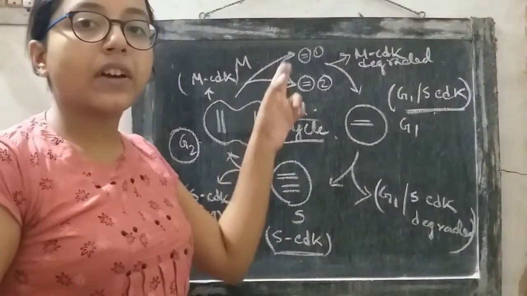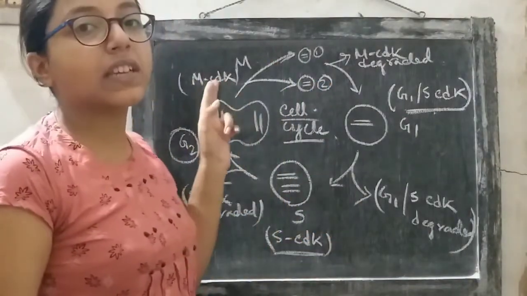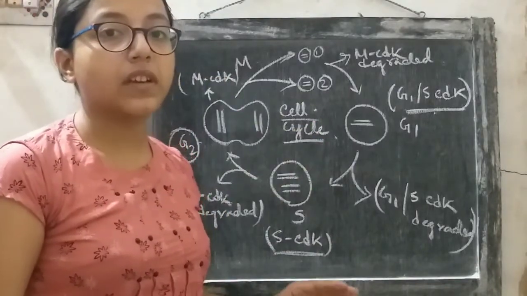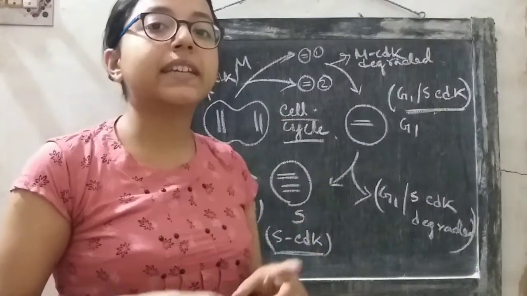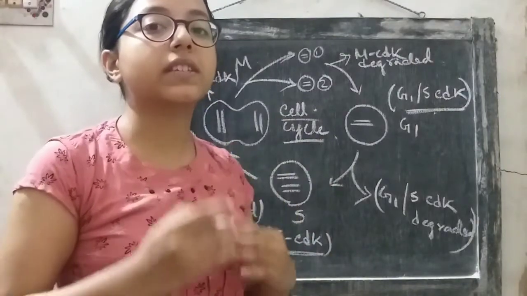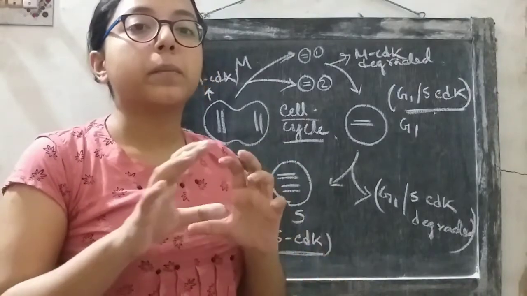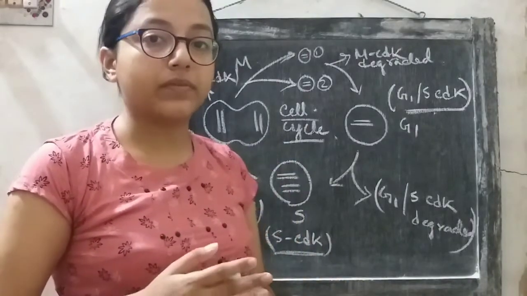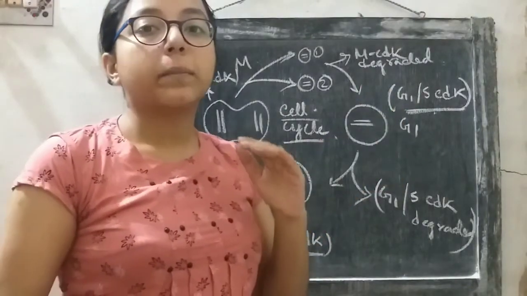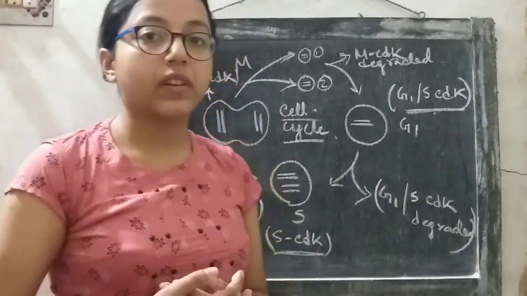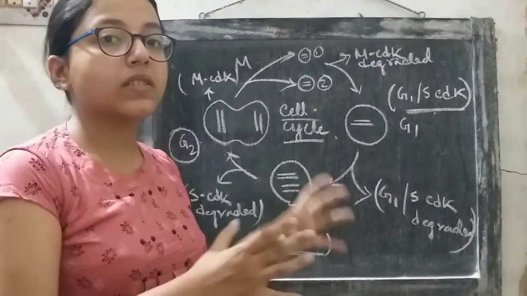And after the completion of M phase, these M CDKs will also be degraded. So these are sequential changes. At a single time, the level of a particular CDK will be higher, and no other CDKs will be present in that amount. In a cell, only at a time, a particular CDK will be present at a higher amount, and after their function is over, they will be degraded. So this is the concept of cell cycle.